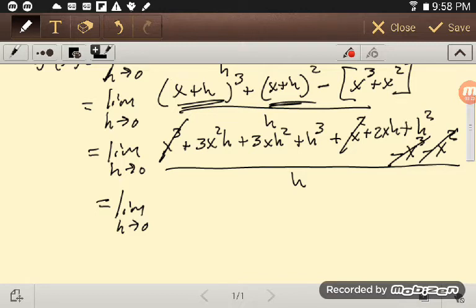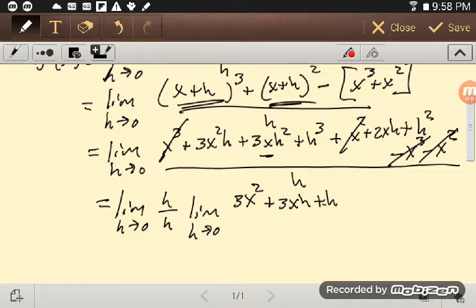So I'm just going to go ahead and factor an h out and call that h over h times the limit as h goes to 0 of what's left. So I took an h out of that term, so I get 3x squared. Then that term plus 3xh plus h squared from there, plus a 2x here, and plus h finally. All divided by 1, or just don't bother dividing it by anything.